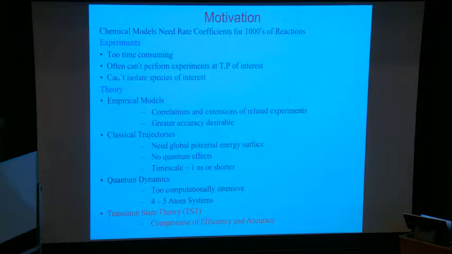Another key problem is that you really can't isolate species of interest. A classic example is in combustion mechanisms. It's very common for the reaction of HO2 with your fuel to be a key sensitive reaction in looking at things like ignition delay, and it's important at temperatures like 1,000 Kelvin or even slightly higher. HO2 will dissociate on the time scale of most experimental apparatus at 1,000 Kelvin.